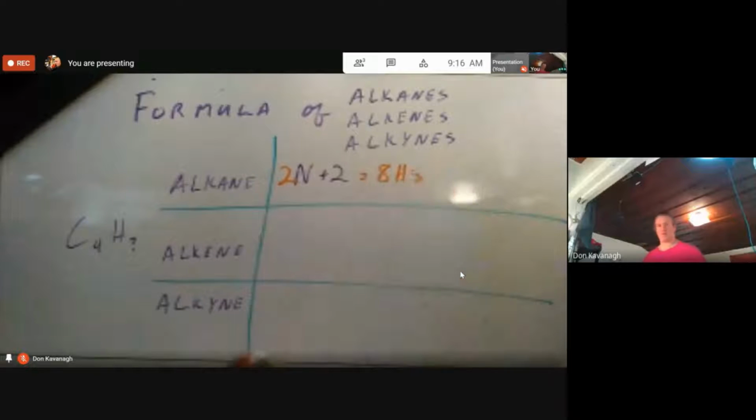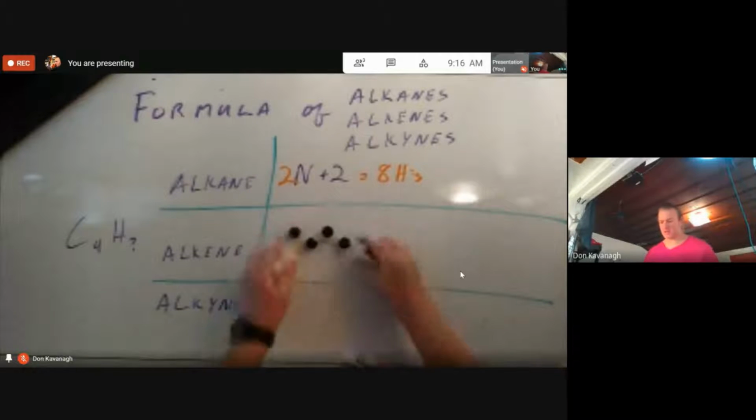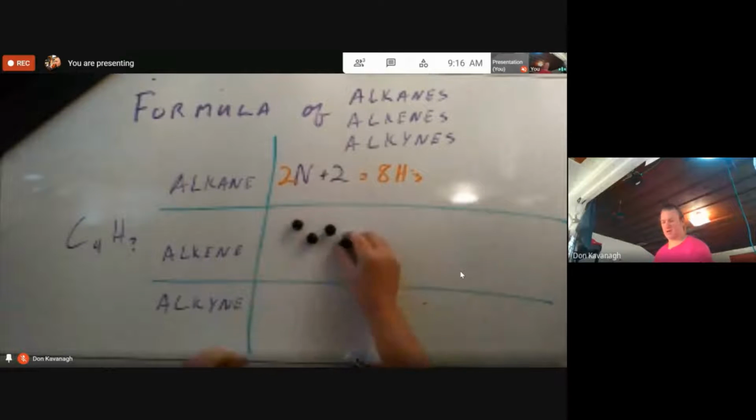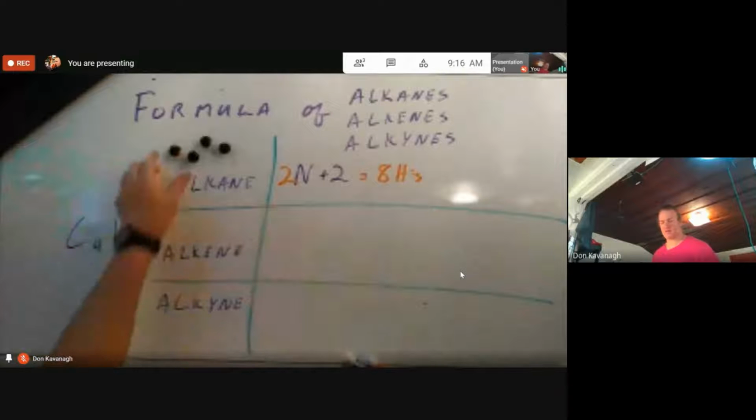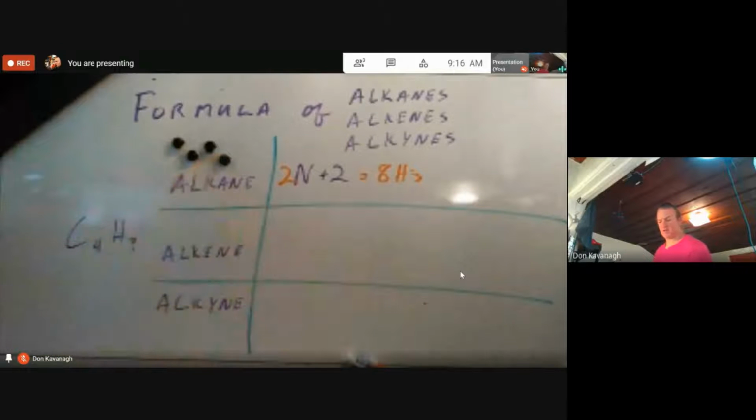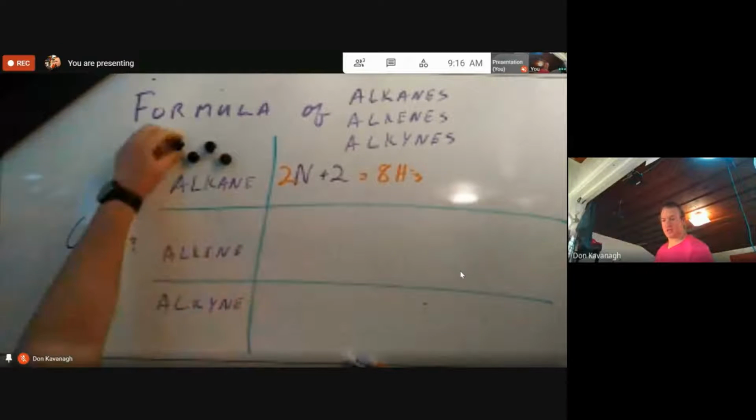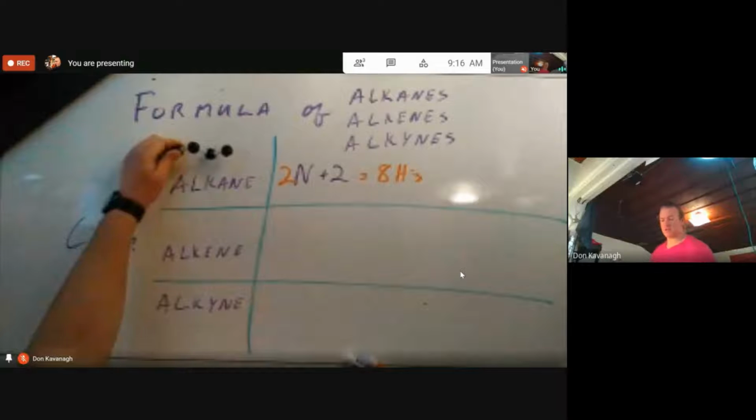If we draw out a picture of that alkane with 8 hydrogens, here's a little molecular model of it as an alkane. Note how it's in a zigzag conformation. It does look like a line, but it's in a zigzag conformation.